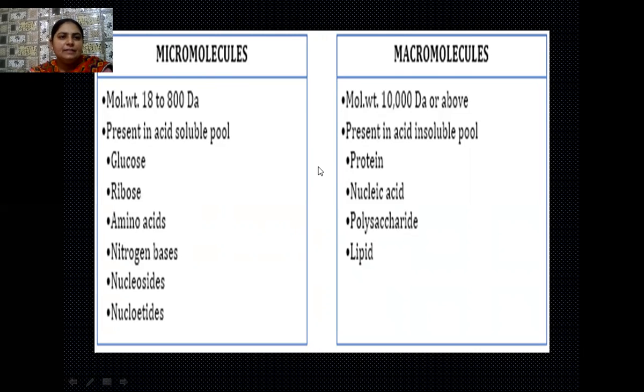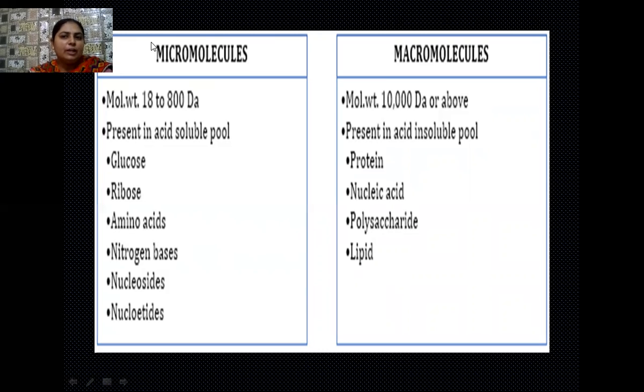Okay students, so now you know very well that we have broadly categorized these biomolecules into how many categories? Here we have broadly categorized them into two categories on the basis of their size and their molecular weight. Always remember, the micromolecules or biomicromolecules have a molecular weight of 18 to 800 daltons and are of small size.